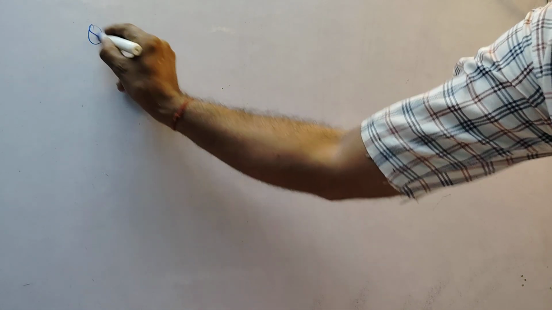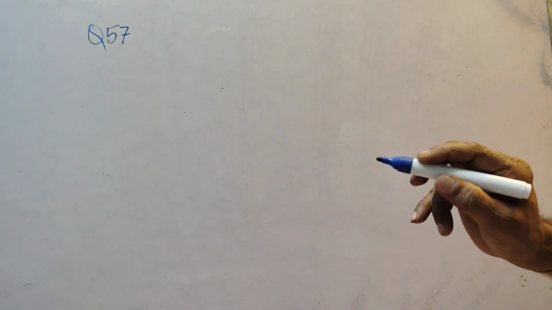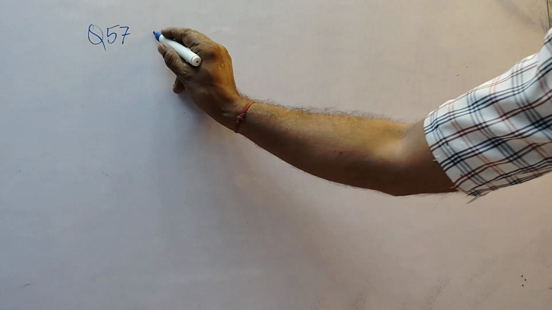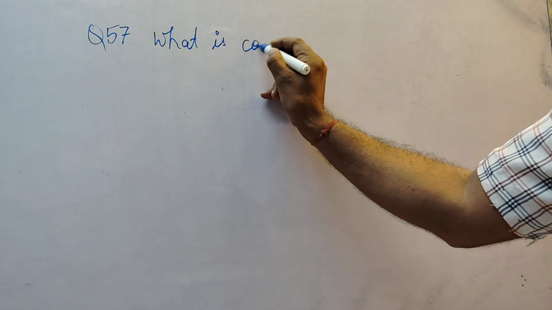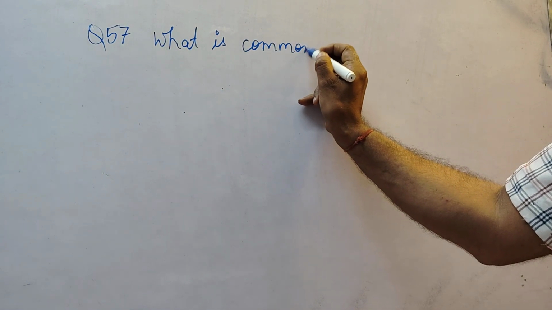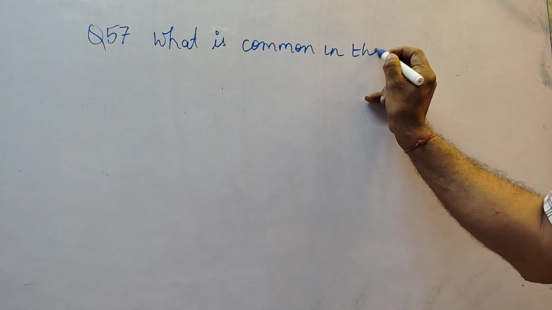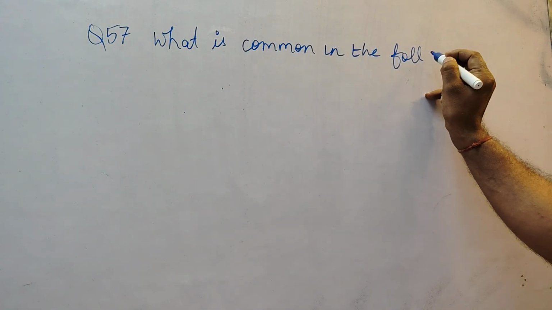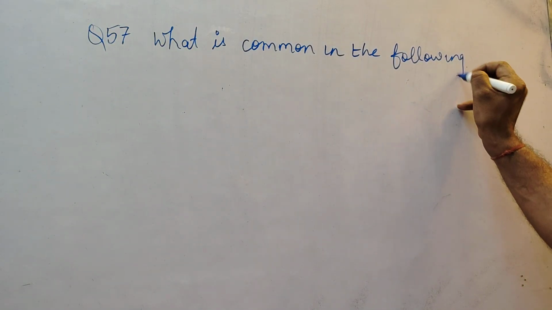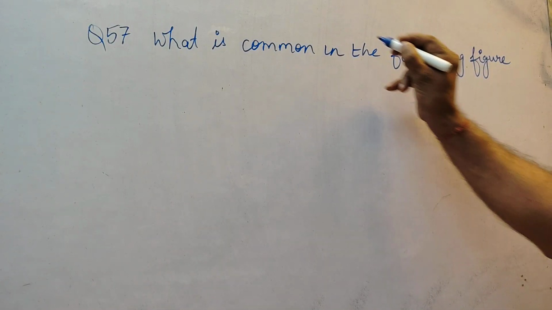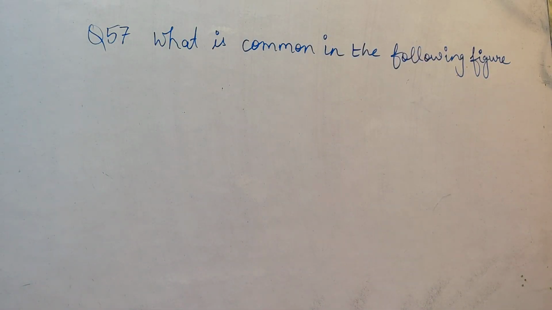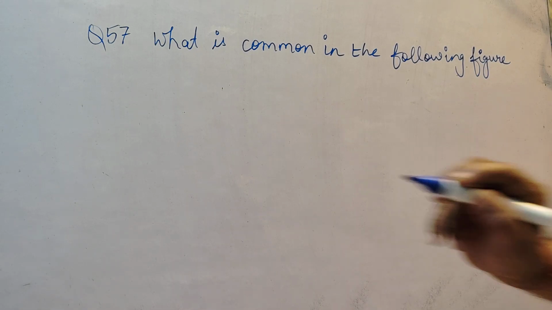Now question number 57. What is common in the following figure?